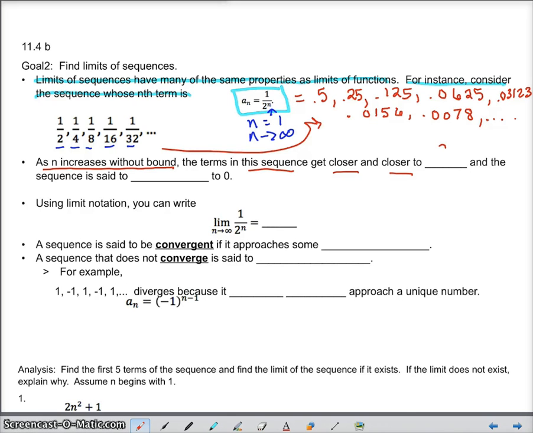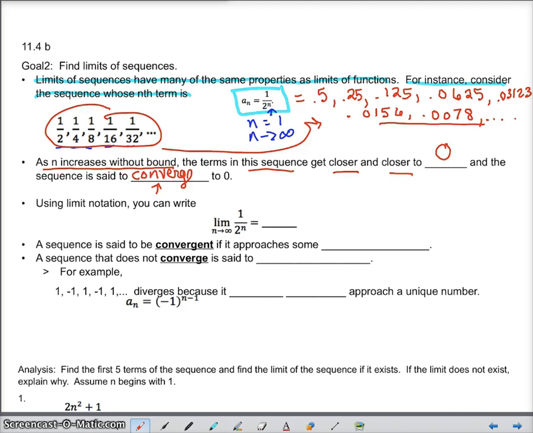is getting closer and closer to 0. So we would use this word to say that the sequence is said to converge to 0. So as n, or your x value, approaches positive infinity, your limit is getting closer and closer to 0, or we can say that the sequence is converging to 0.